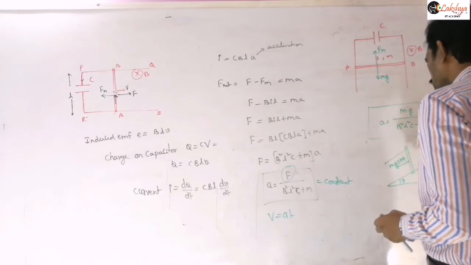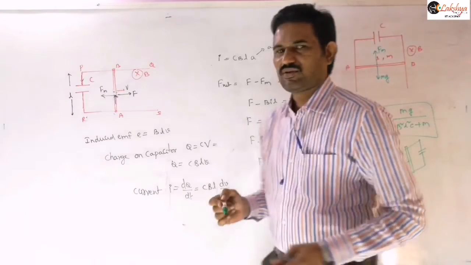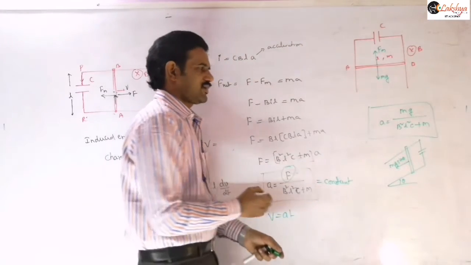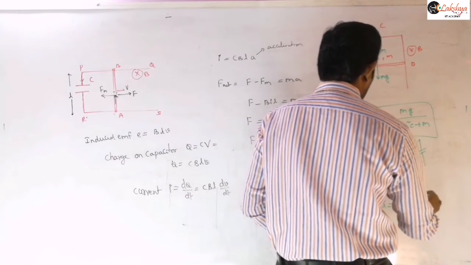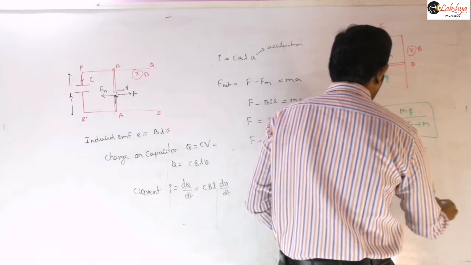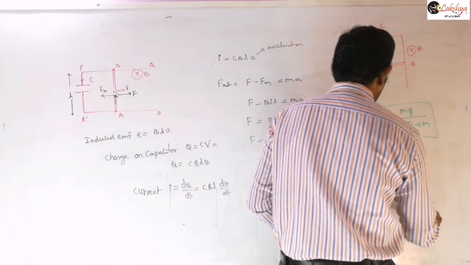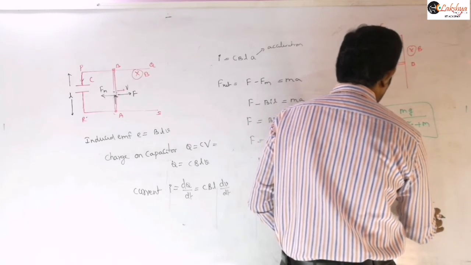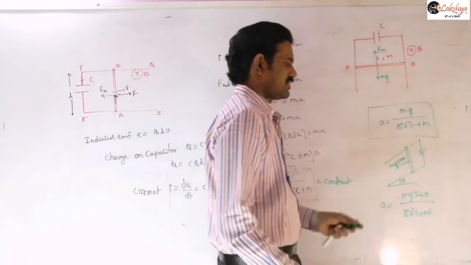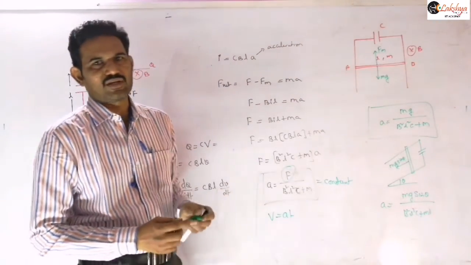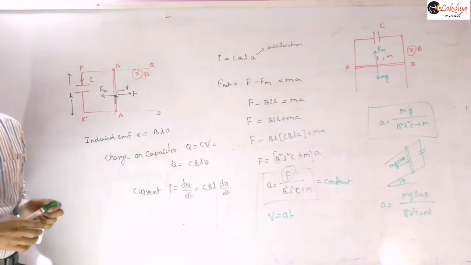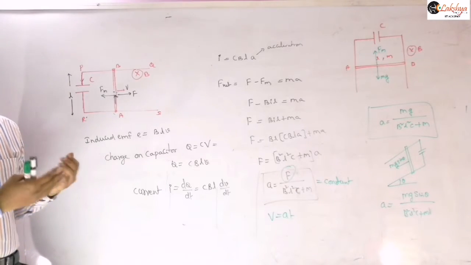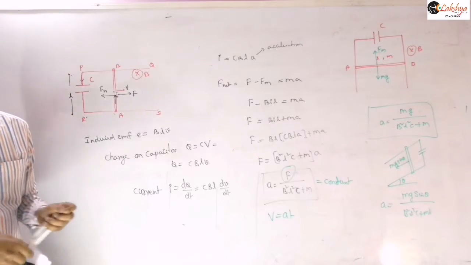So in that case, the acceleration of the rod you need to write as mg sine theta by (B squared L squared C plus m), right? If the rod is sliding on an inclined plane, so if the two rails are placed at some angle theta with that inclined plane, so the same question they may change the orientations like that, right?